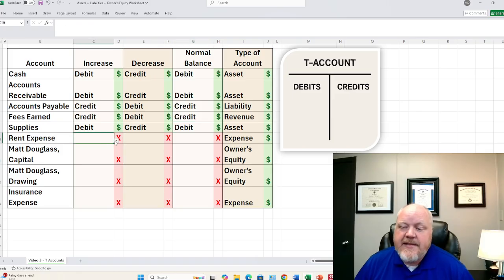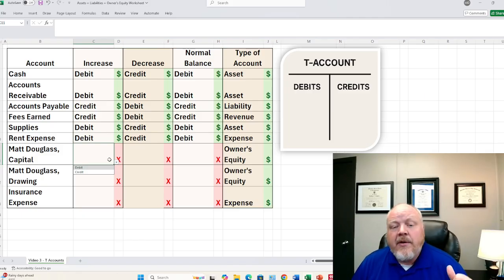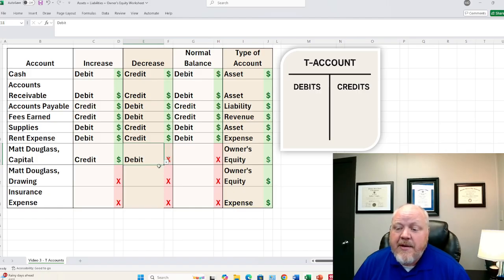Rent expense, that's an expense, and so it increases with a debit, it decreases with a credit, and its normal balance is a debit. Now the capital account, the actual owner's equity capital account, the rights of the owner to the business, that has a normal balance and increase of a credit, and decreases with a debit.